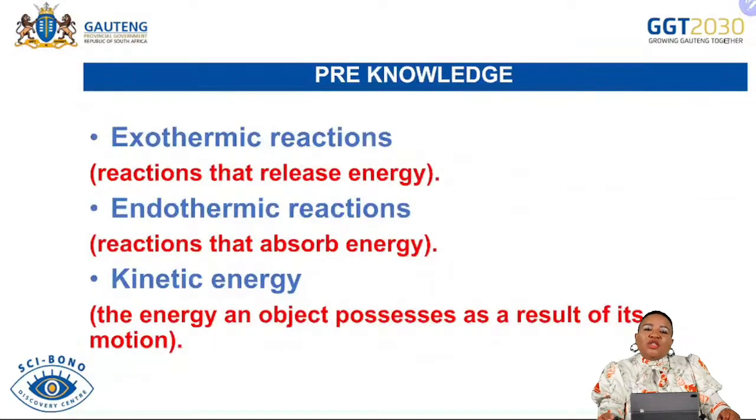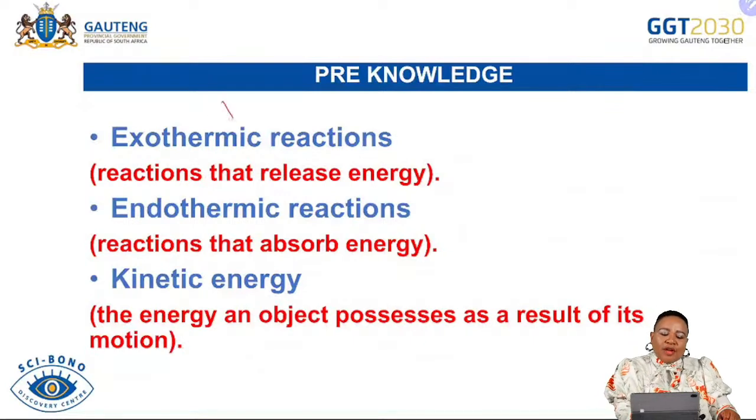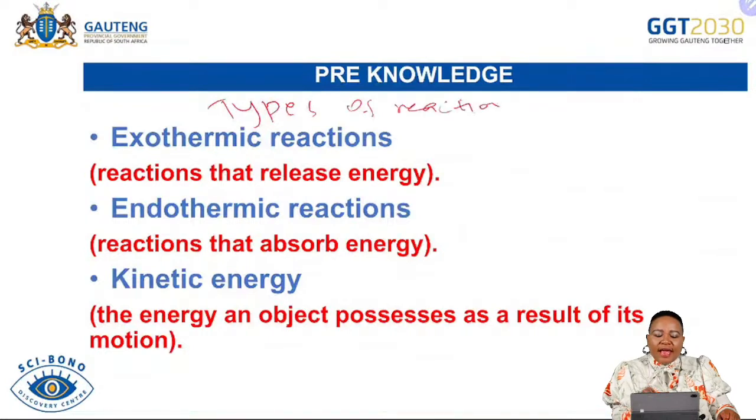Now we know that this topic started last year in grade 11 where we looked at types of reactions. We know that we have two types of reactions, which are exothermic and endothermic reactions. Now, what do we mean by exothermic and endothermic reaction? When we look at an exothermic reaction, we look at reactions that release energy.